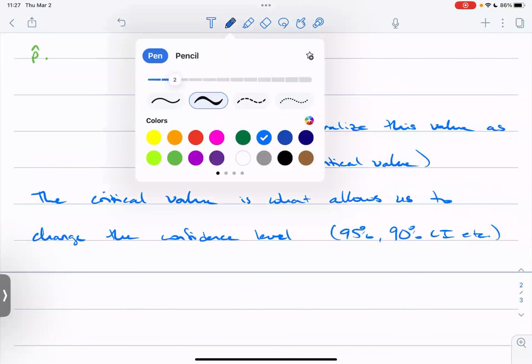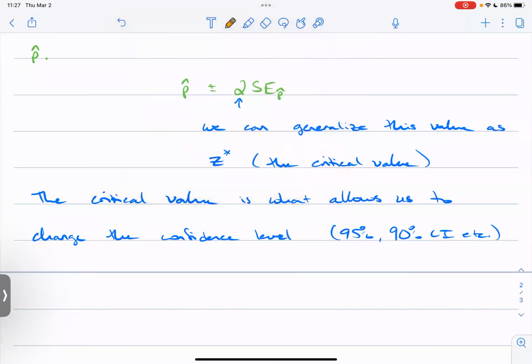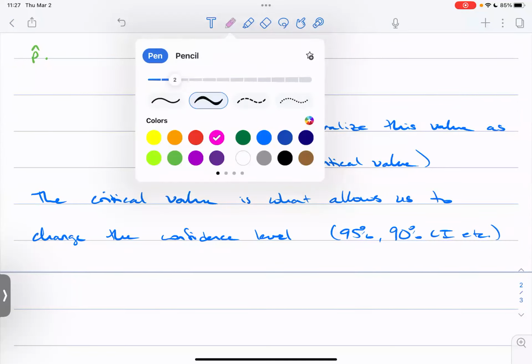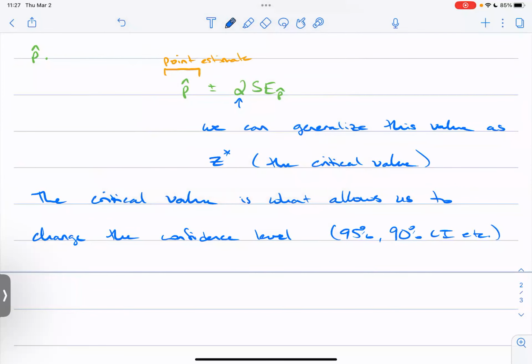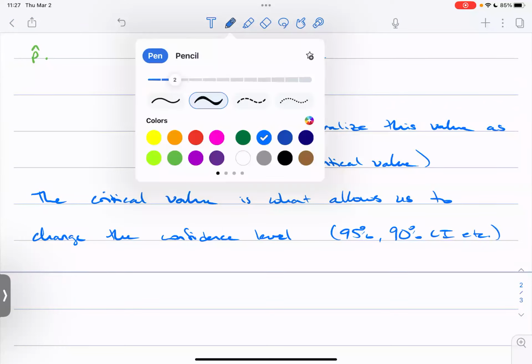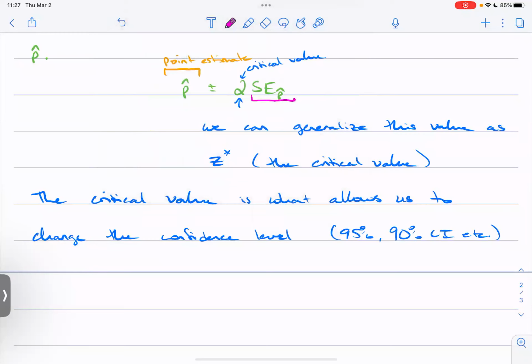All right, so here we have our point estimate. Then we have the critical value. And then we have the standard error of the point estimate.